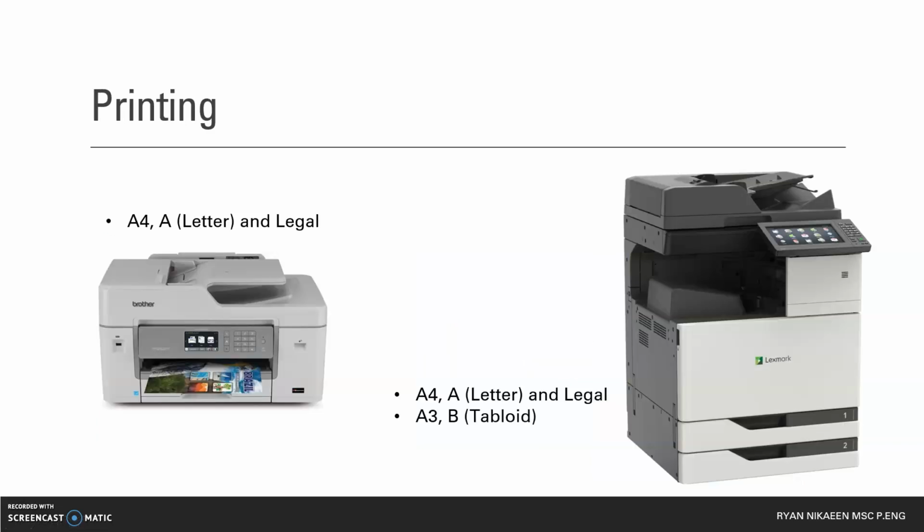Okay, so how do we print these papers? For printing of A4 and A and legal size, which is the same as A but longer. If you go to the bank and sign a contract with the bank, you will see that they give you some sort of A size sheet, but it's longer.